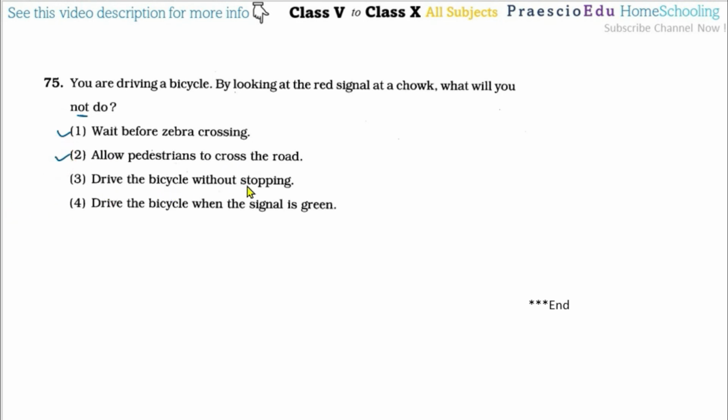Drive the bicycle without stopping, this you should not do. So option number 3 is the correct one. And drive the bicycle when the signal is green, yes, you will do this one. But since the question asks what you will not do, you should not drive the bicycle without stopping. So option number 3 is the correct one.